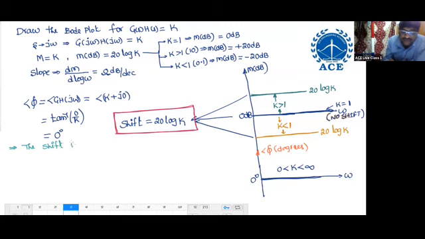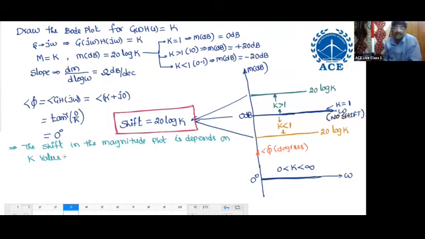The shift in the magnitude plot depends on K value. K greater than 1 shifts the magnitude plot upward.